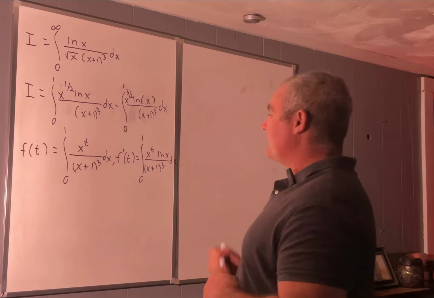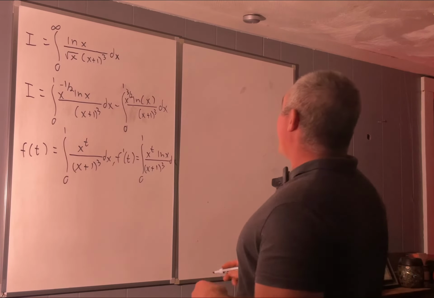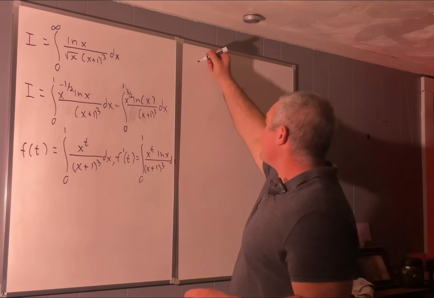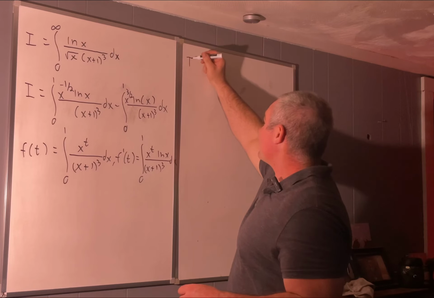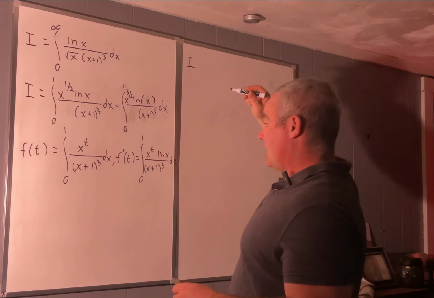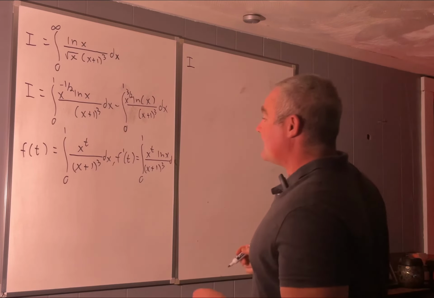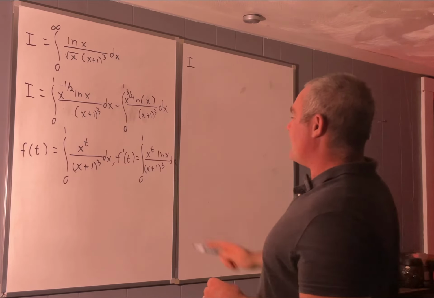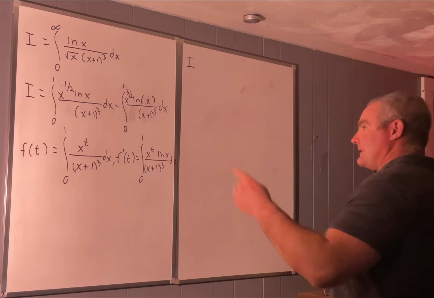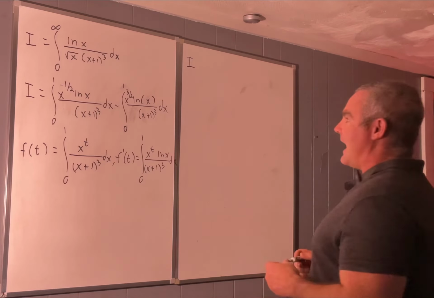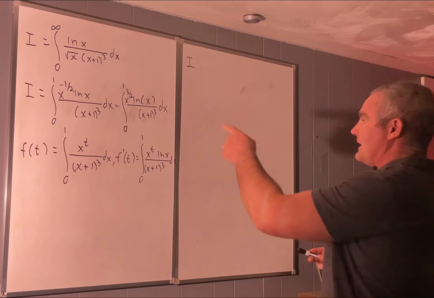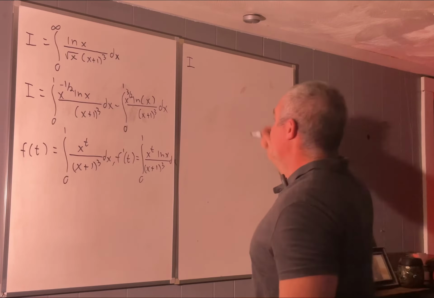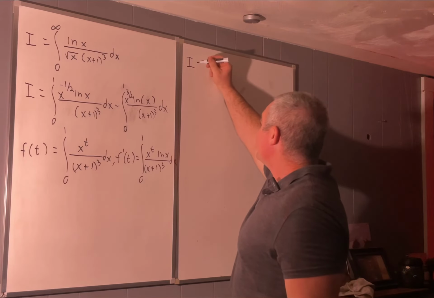Okay, from here we can see that we can recover our original integral like this. If we evaluate f prime of t at the point negative 1 half, and then subtract f prime at 3 halves, we will get back our original integral. So I'll write that up here.